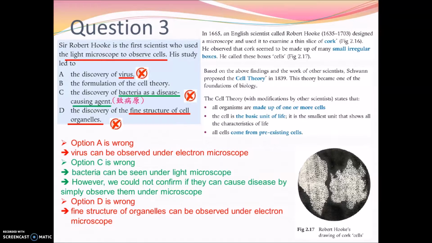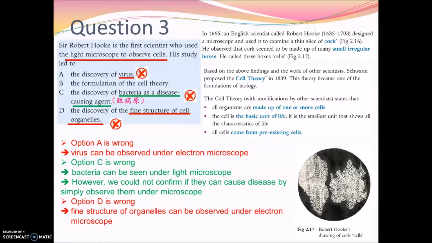We don't know that. We just find them. They are bacteria. But what are they? Will they cause any disease? We don't know. So we need to do some further process.